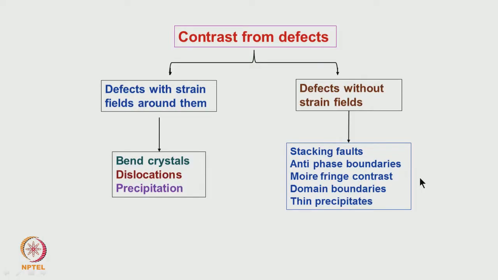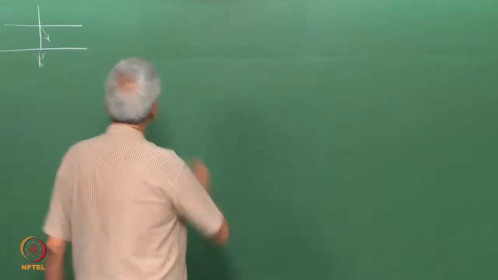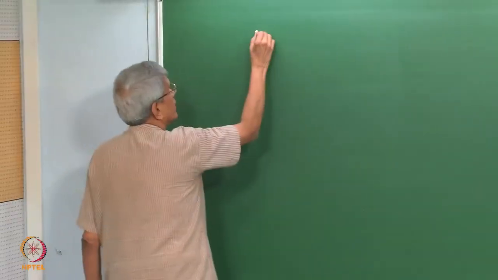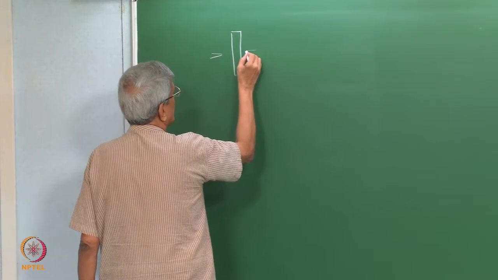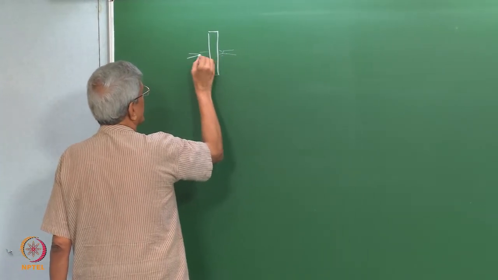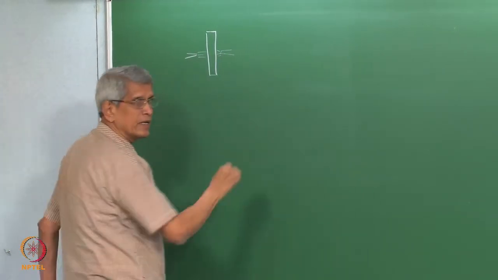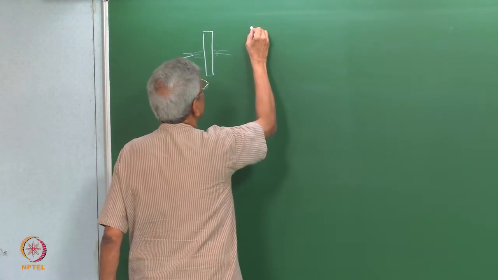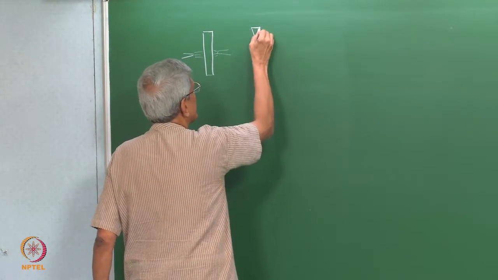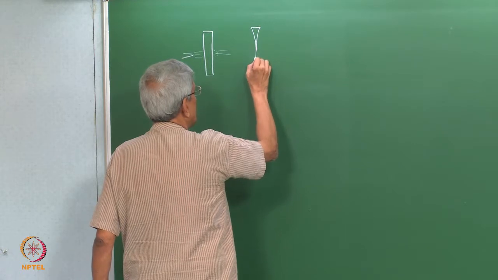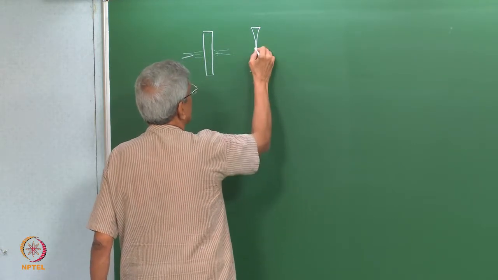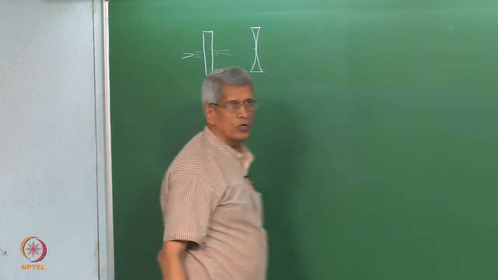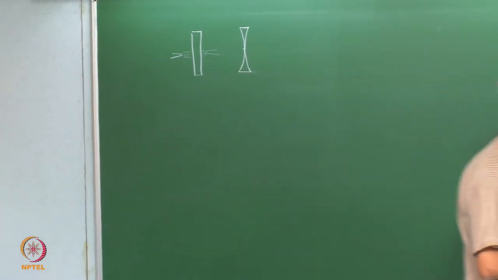There you have a sample in which jets come from 2 nozzles and fall onto the sample, right. The sample gets thinned, and finally a hole may come at this point. Closer to the hole you have thin regions, right.